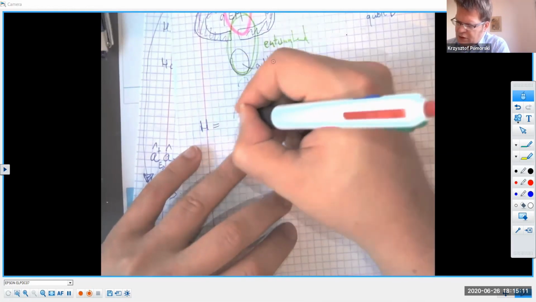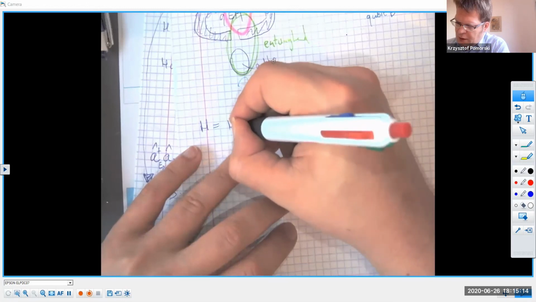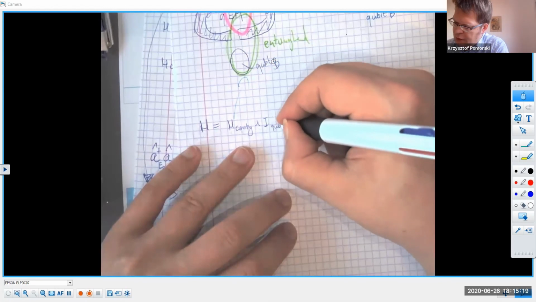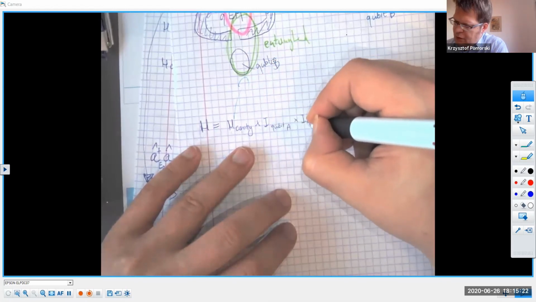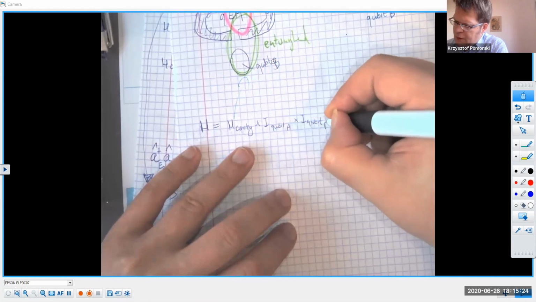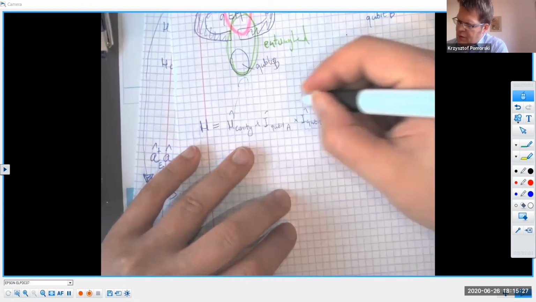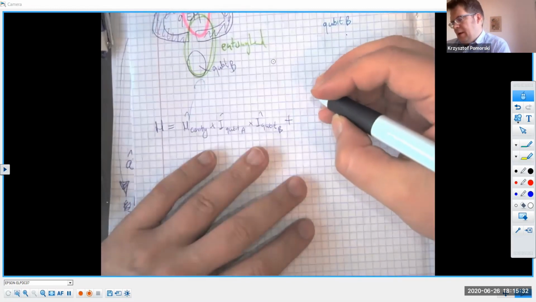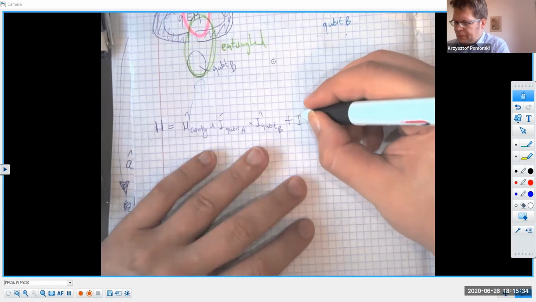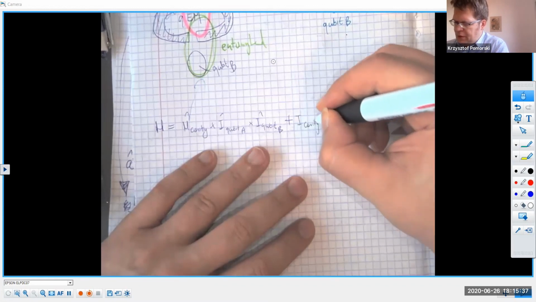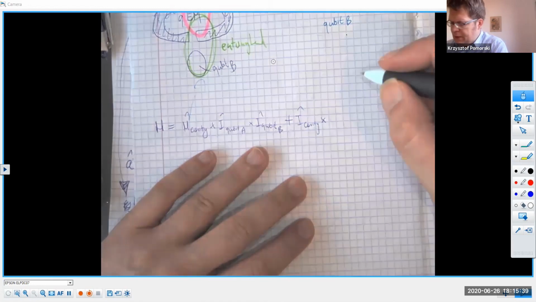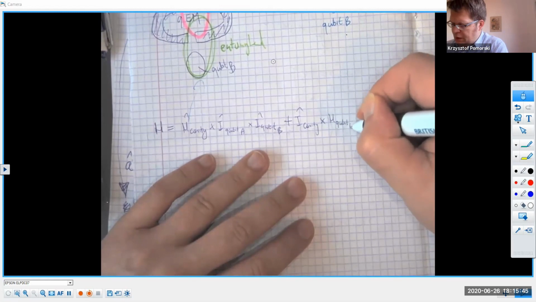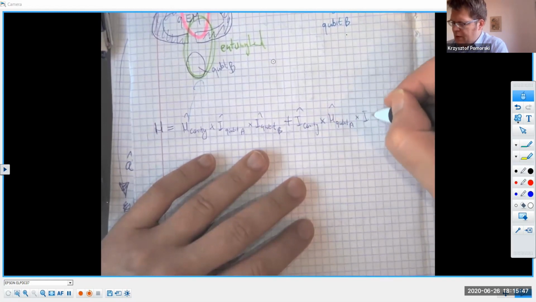The total system is, let's say, the cavity energy times identity for qubit A, qubit B, plus the qubit energy of A, right?